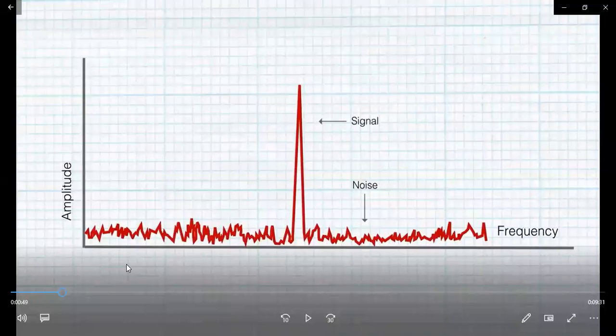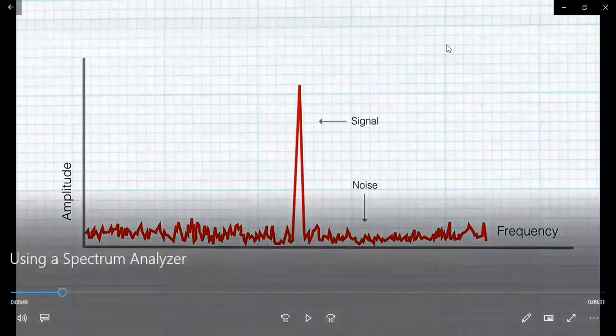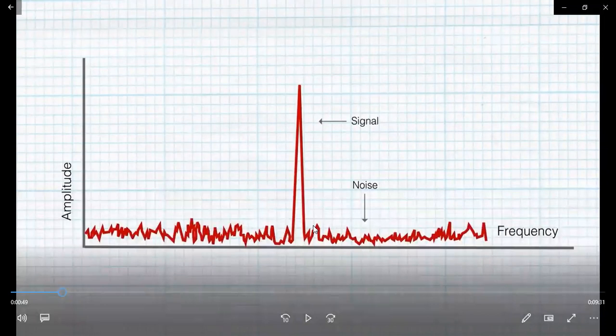So it shows what power level you have. The amplitude shown here actually relates to the power level. But you also have some noise, both generated from the equipment and from different sources.